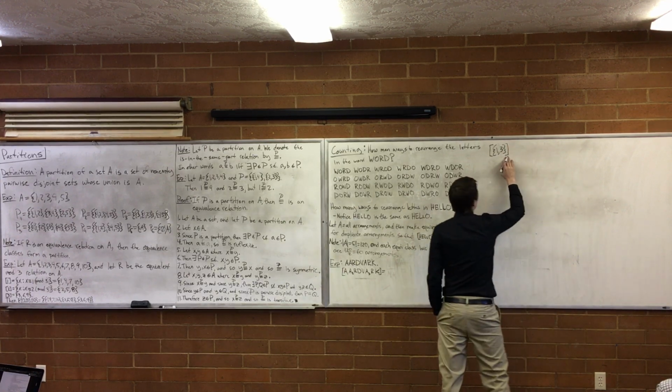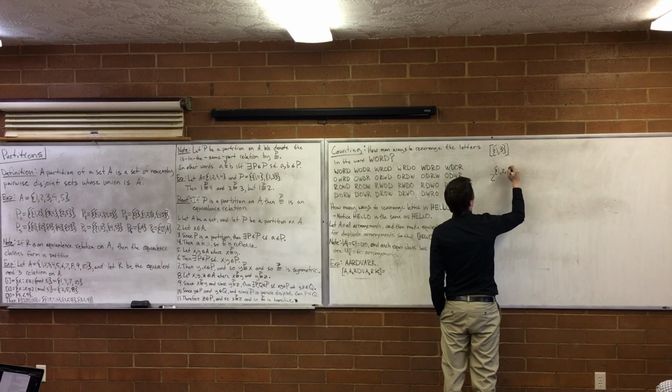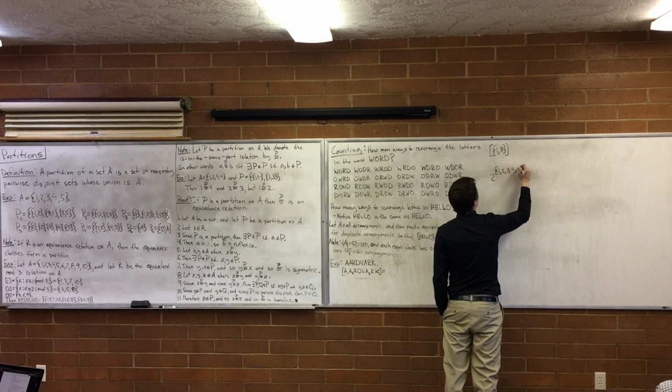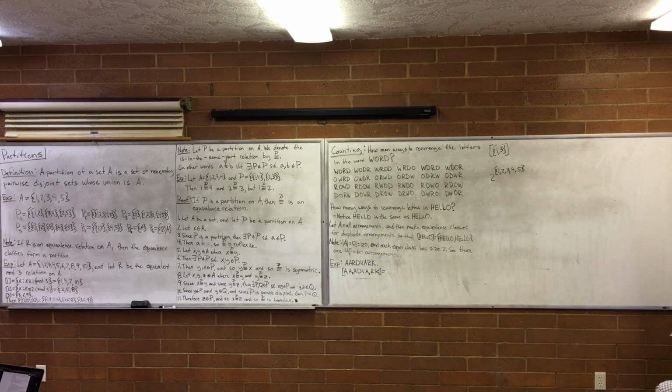So we're looking for this thing's equivalence class on the set of the power set of 1, 2, 3, 4, 5. And the relation that we're using is has the same size.